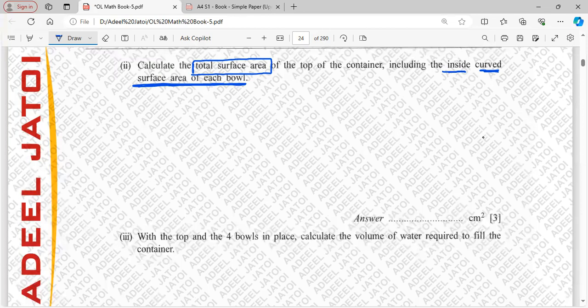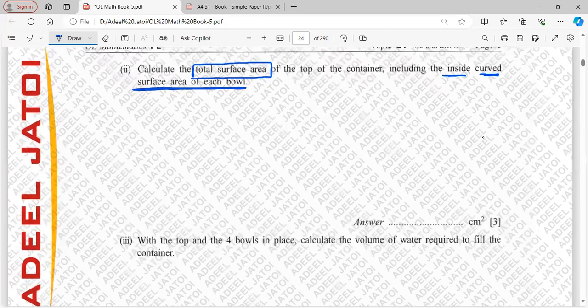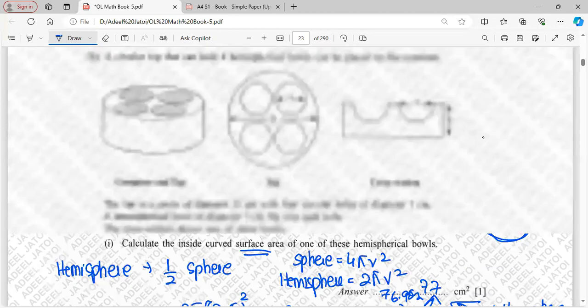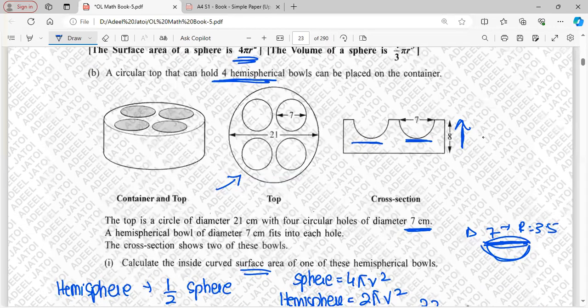To be fair, what you need to understand is the total surface area. If you just look at this shape, can we understand the concept behind this? The total surface area of the entire thing involves these, which are the inside, right? These are the inside part.